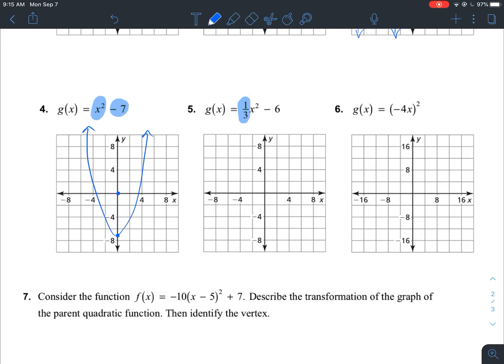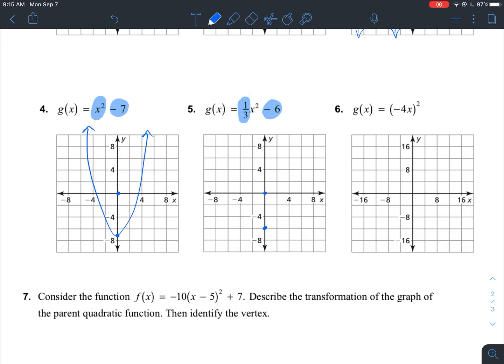Okay? First, let's plot our vertex. So we start at 0, 0. We have a vertical shift down 6 units. So that is right there. And now we're going to stretch or shrink. In this case, we're going to shrink.